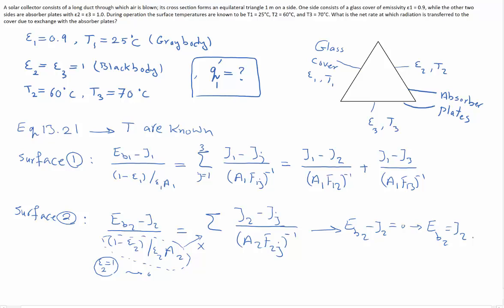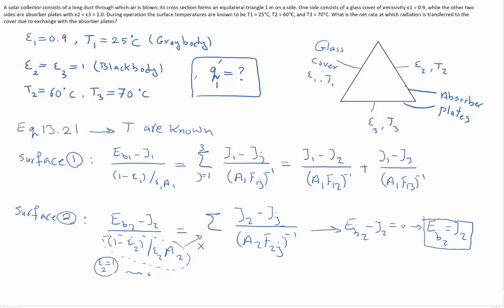Note that EB corresponds to emission from a black body at the temperature of the surface. So the radiosity from surface 2 is equal to the black body emission from surface 2.